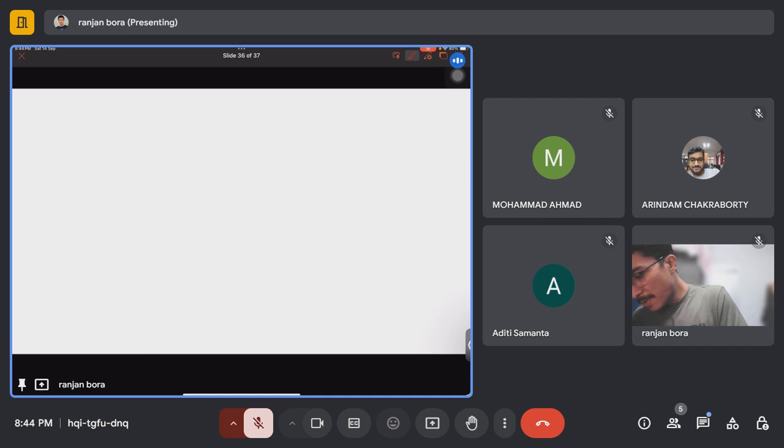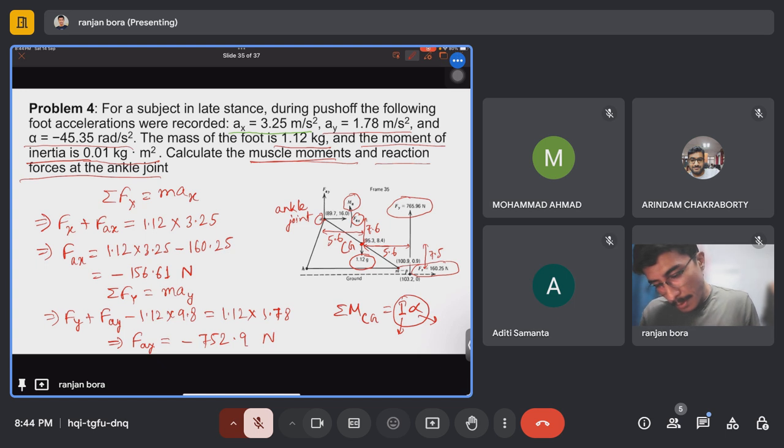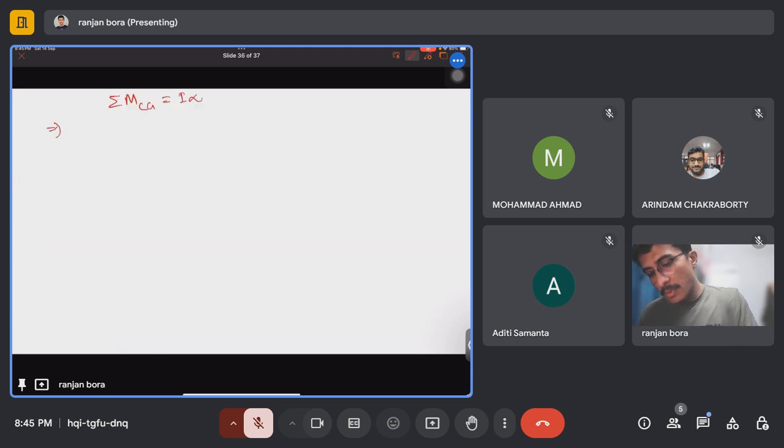So with respect to point CG, here one moment MA is acting in the anti-clockwise direction. We'll follow this sign convention: anti-clockwise as positive.